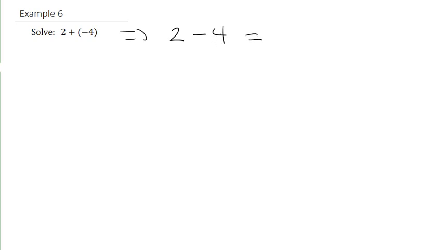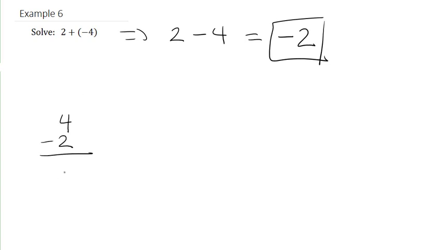This negative 4 is becoming less negative as we go to the right on the number line, and we're left with just negative 2. Once again, you can go 4 minus 2, which is 2, but we take the negative because 4 is a larger number than 2, so we keep that sign over the positive.